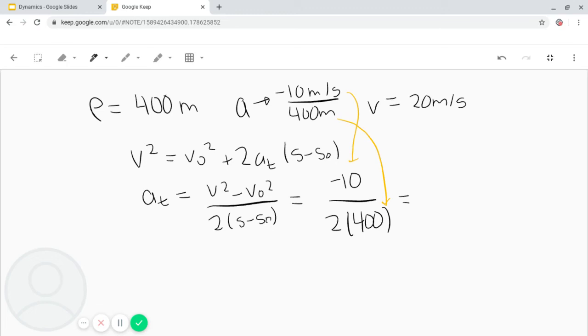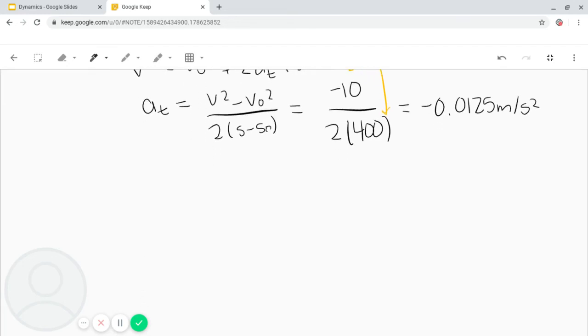So then we can say that AT is negative 0.0125 meters per second squared. Okay, so we solved for AT, which is our tangential.